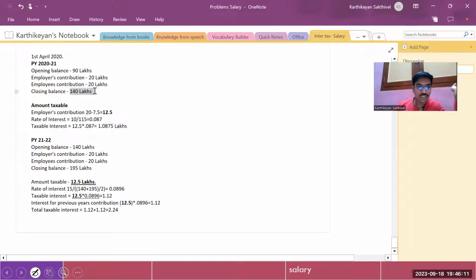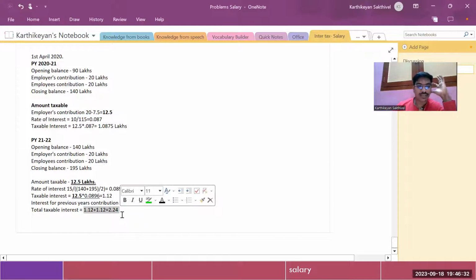That is included in your closing balance. எஸ் சார். இப்போ 21-22ல இந்த க்ளோசிங் பேலன்ஸ் 195ல ரெண்டு இன்ட்ரெஸ்ட் இருக்கு. ஒன்னு 1.12 ஃபார் த கரண்ட் இயர்ஸ் எக்ஸஸ் கான்ட்ரிபியூஷன், இன்னொரு 1.12 ஃபார் த ப்ரீவியஸ் இயர்ஸ் கான்ட்ரிபியூஷன், எக்ஸஸ் கான்ட்ரிபியூஷன். அதனால ரெண்டுத்துக்கும் நான் டாக்ஸ் கட்டுன்னு சொல்றேன். இது கரெக்டா தப்பா?